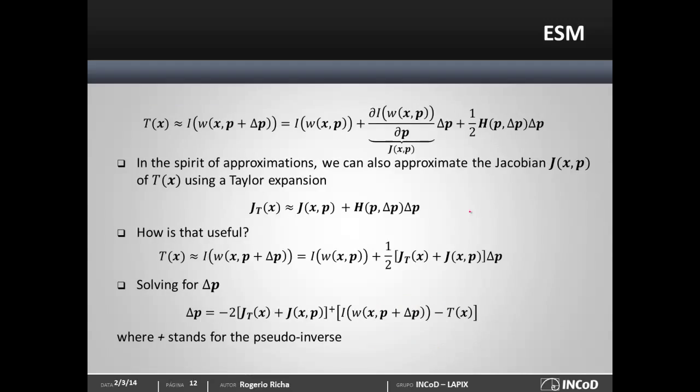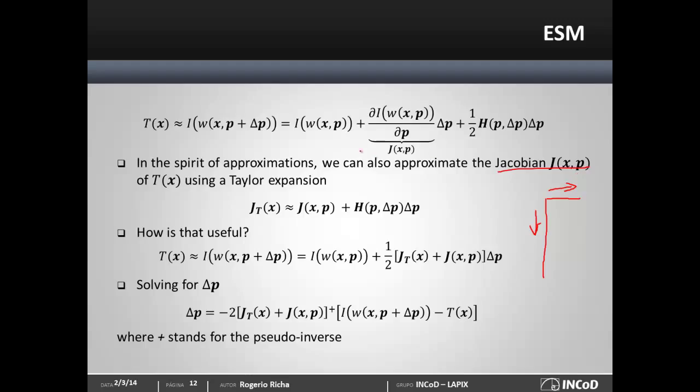Now, just notice that J, which I call the Jacobian, is not exactly the same Jacobian that is shown in the original ESM paper. So just beware. In the original ESM paper, the Jacobian is not a function of the pixel position. It is just one big matrix where the rows are related to the pixel position, and the columns are related to the tracking parameters, the transformation parameters, right?